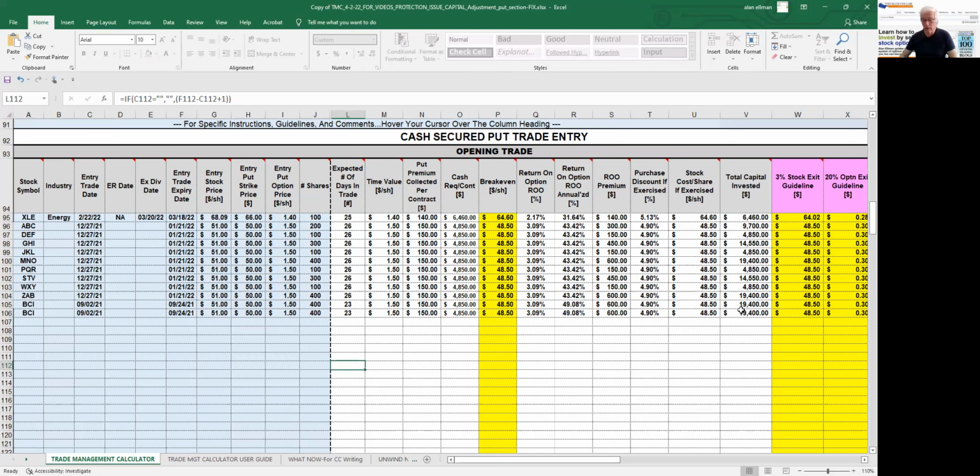But in reality, we're using the same cash that we used on the previous trade in the same contract month. We're just generating a second income stream or a third or a fourth. If we're doing multiple exit strategies, we have to somehow account for that 19,400 that is not an additional investment that we're making. So what do we do?